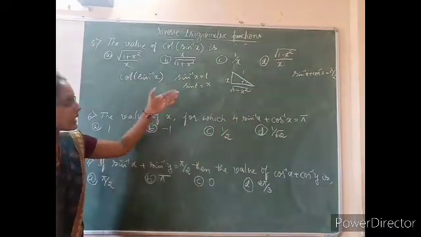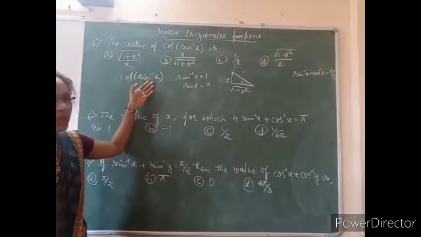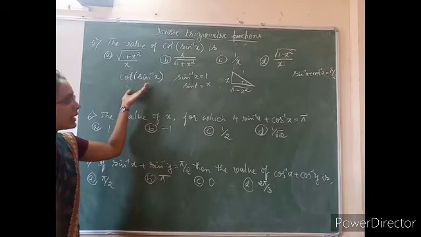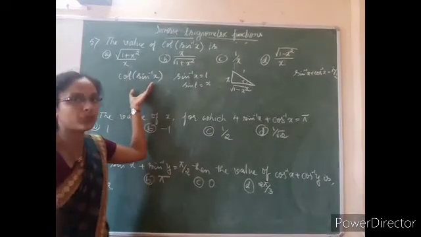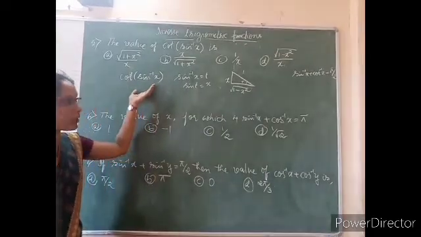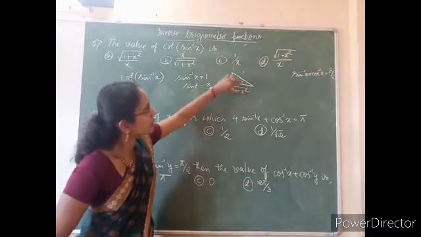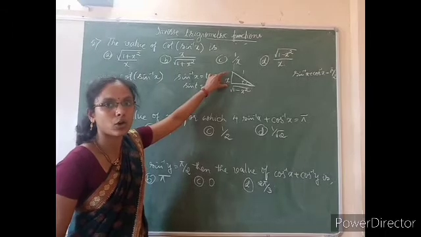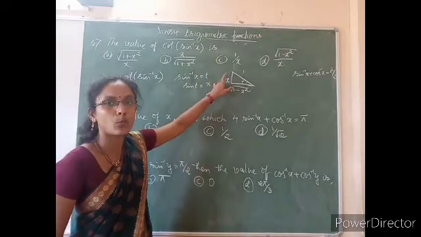Okay. So sin inverse of x, if you want to write it in terms of cot inverse, you know how to define the cot inverse, that is adjacent by opposite.